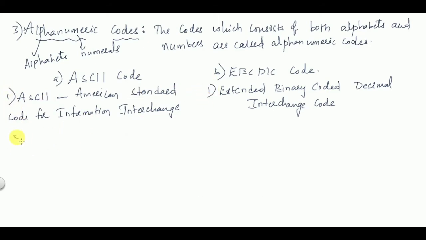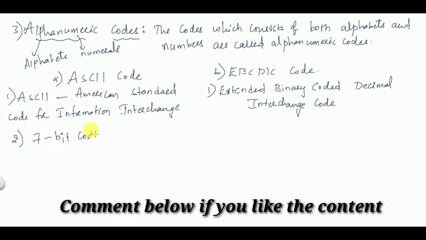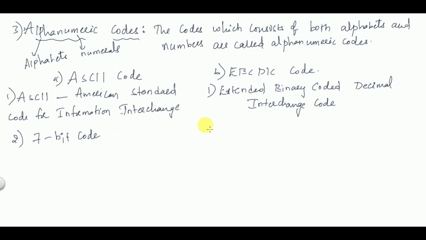The second is that ASCII is a 7-bit code, which means each character is coded into 7 bits, whereas EBCDIC is an 8-bit code.